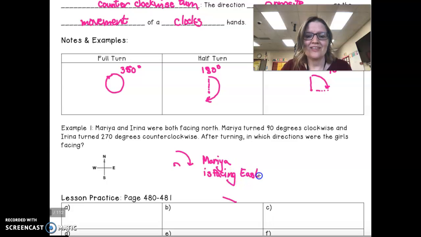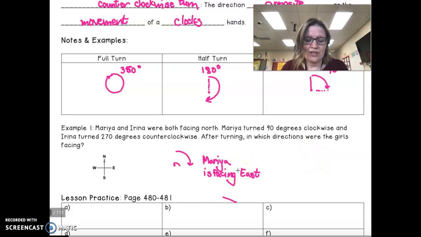Now, it gets a little bit trickier. We have Irina. She's facing north, and she's going counterclockwise, and she's going 270 degrees.